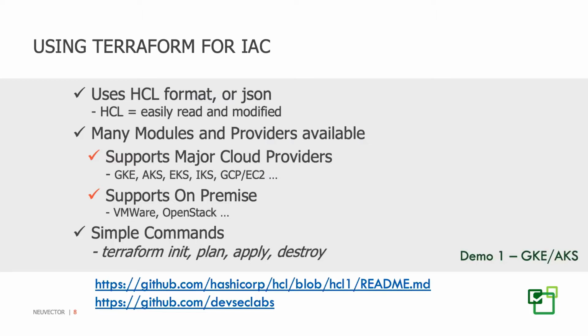And then what other applications do I want to be deployed? It is compatible with JSON, but JSON is not quite as easily digestible by the average human. So that's why HCL has become so popular. And you can see a link there to a description of HCL from HashiCorp.